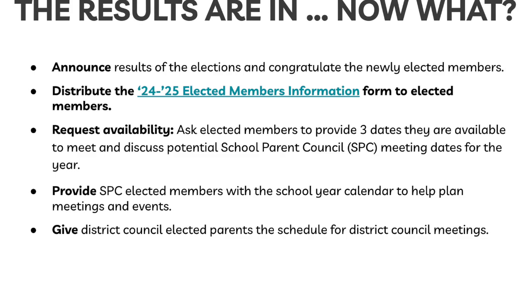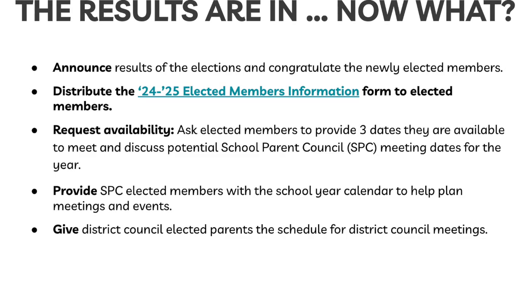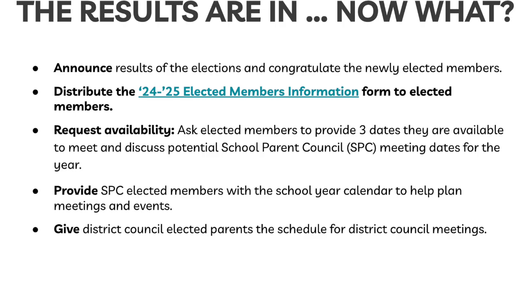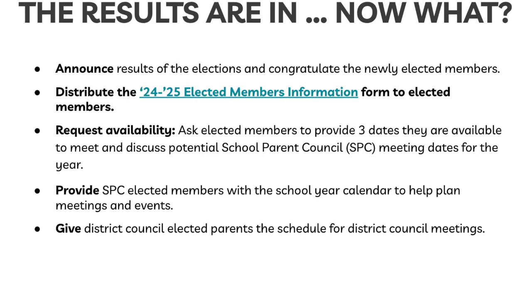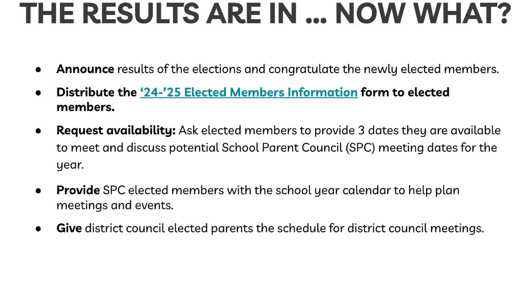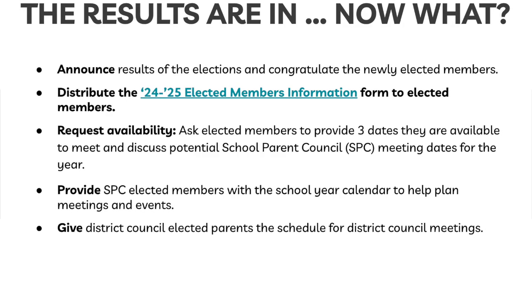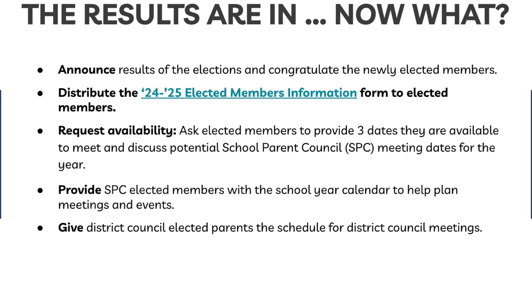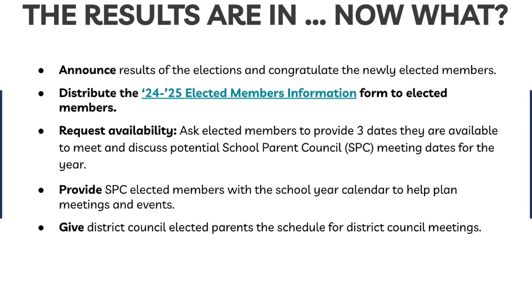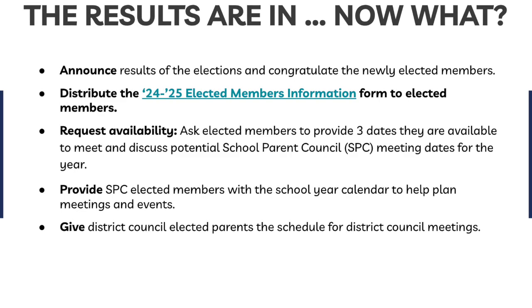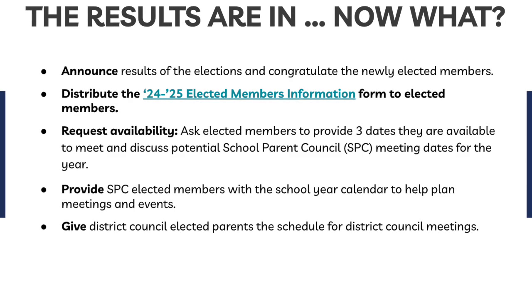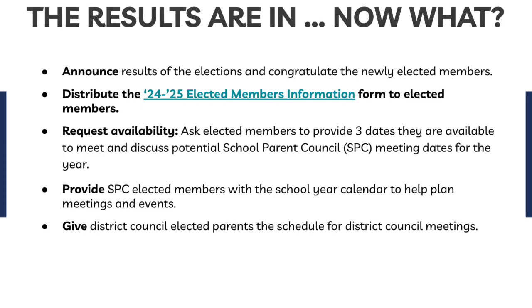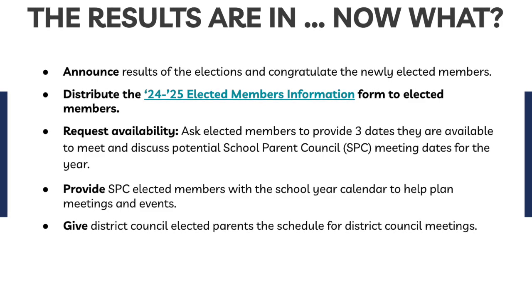We will request availability. So we'll ask the elected members to provide at least 3 dates that they're available to meet and discuss potential school parent council SPC meeting dates for the year. SPC elected members will be provided with a school year calendar to help them plan meetings and events.